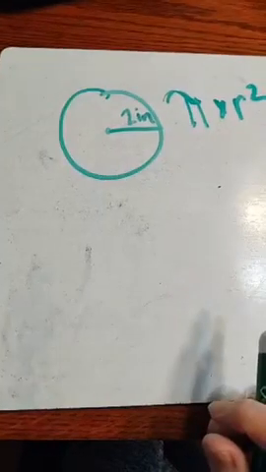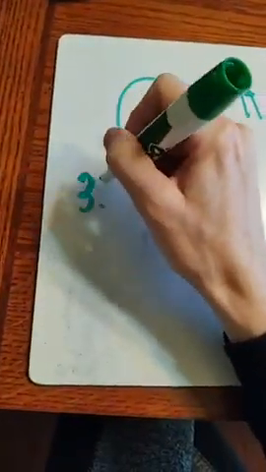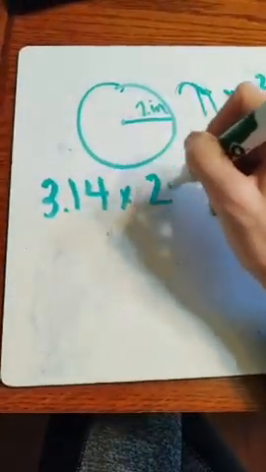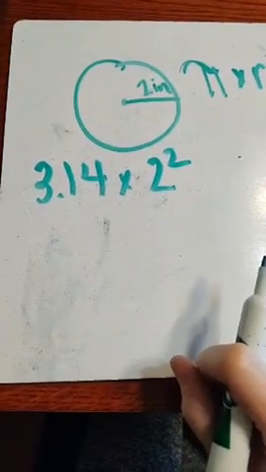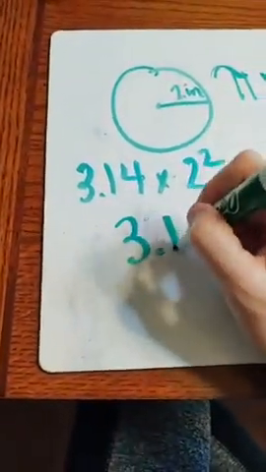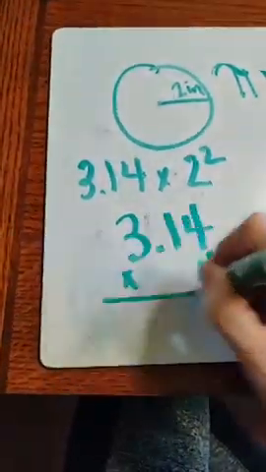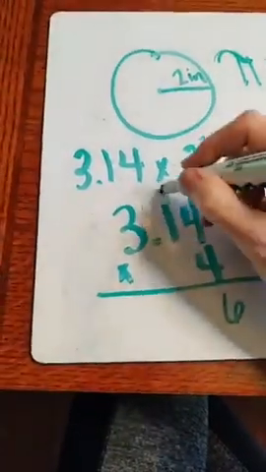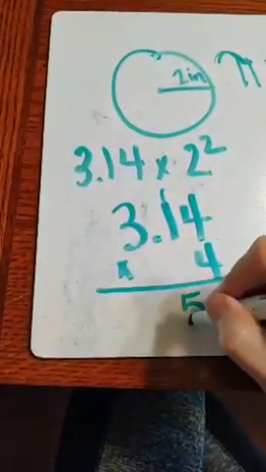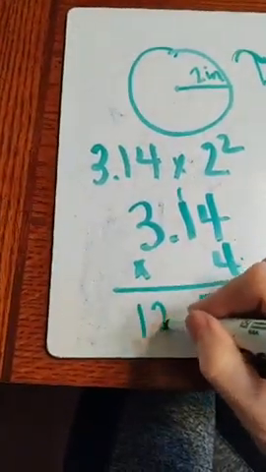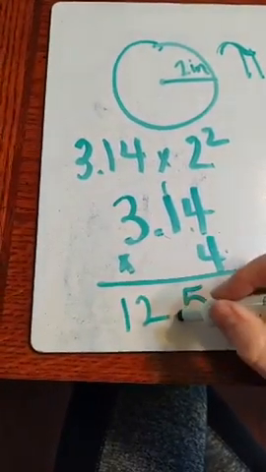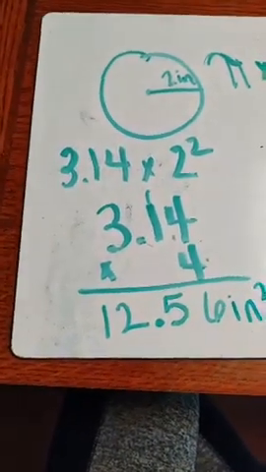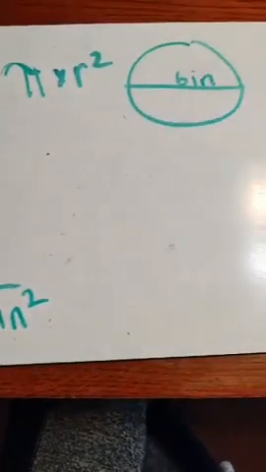So we know pi times radius squared. 2 times itself, 2 times 2 is 4. 4 times 4. 4 times 1 plus 1. 4 times 3. Decimal 1, 2, none down here. 12.56 inches squared.